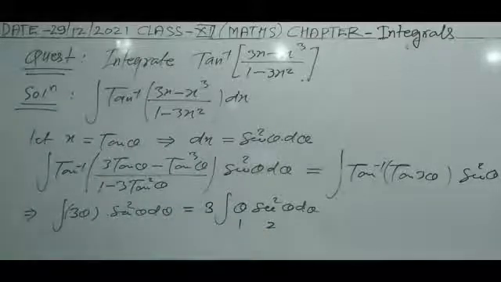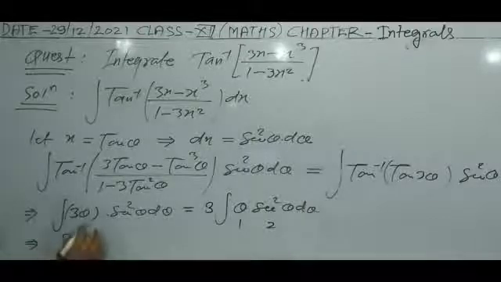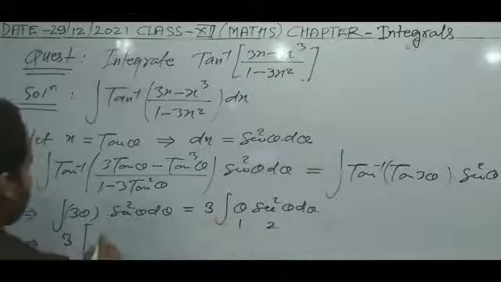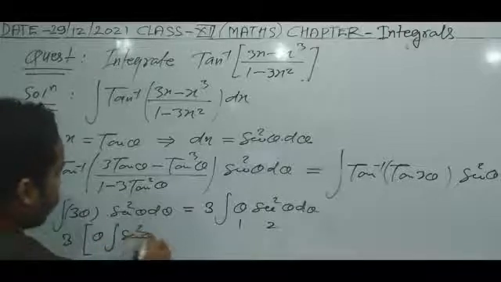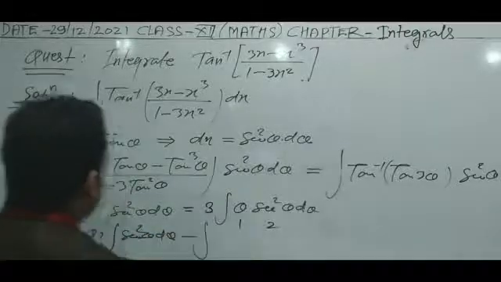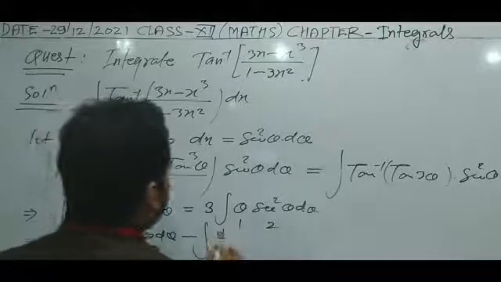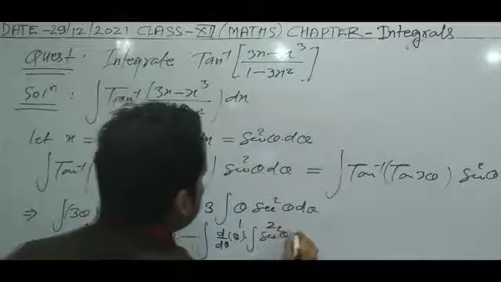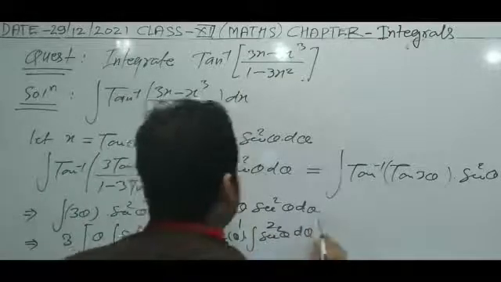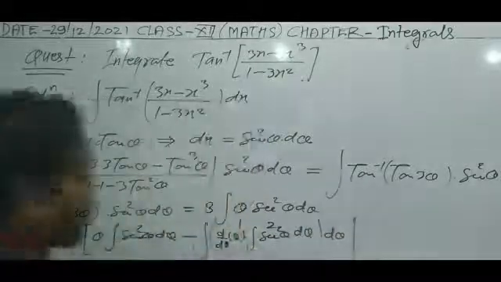Now this one we can write 3 times theta into sec square theta, means first function, integration of second function minus integration over d by d theta of theta into integral of sec square theta whole d theta.